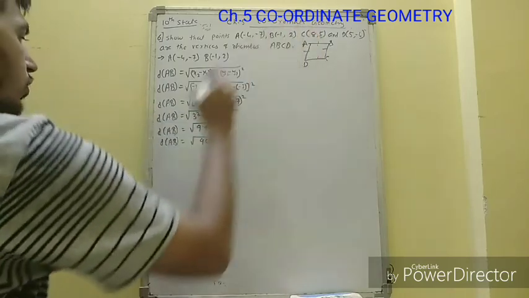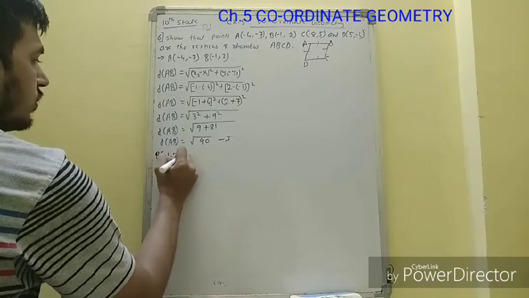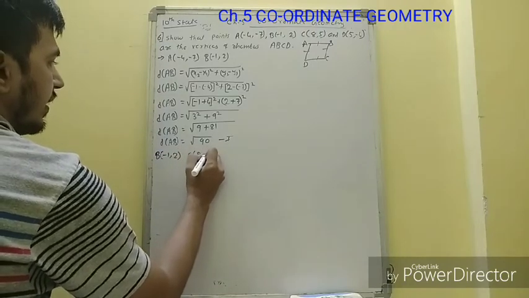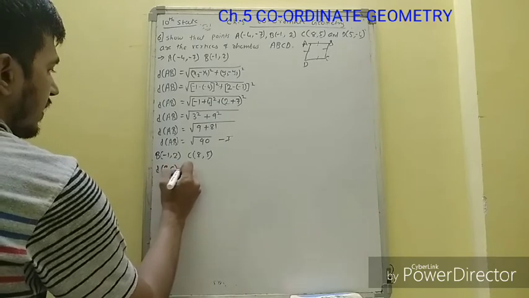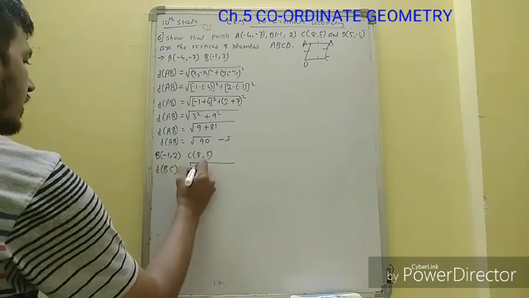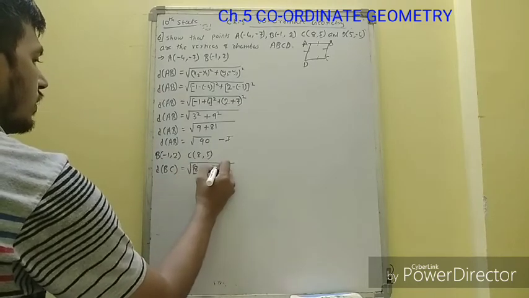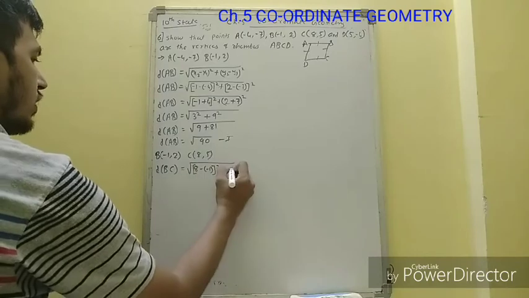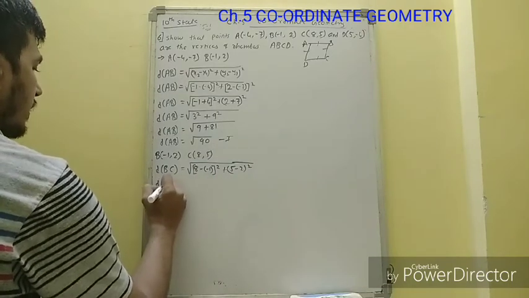Okay. Now we will go for BC. What is B? Minus 1 comma 2, and what is C? 8 comma 5. Now to find the distance BC, we have the formula: x2 minus x1, 8 minus of minus 1, the whole square, and y2 minus y1, that is 5 minus 2, the whole square.